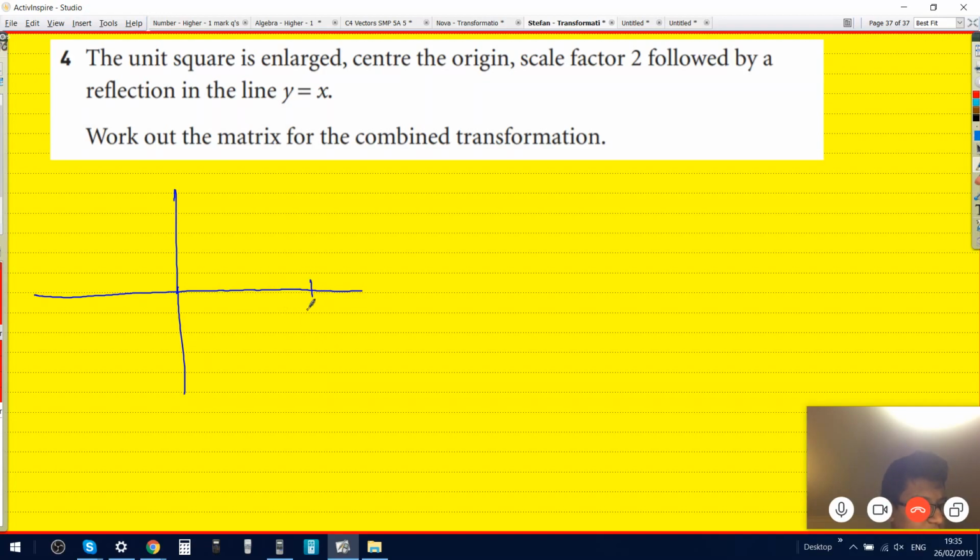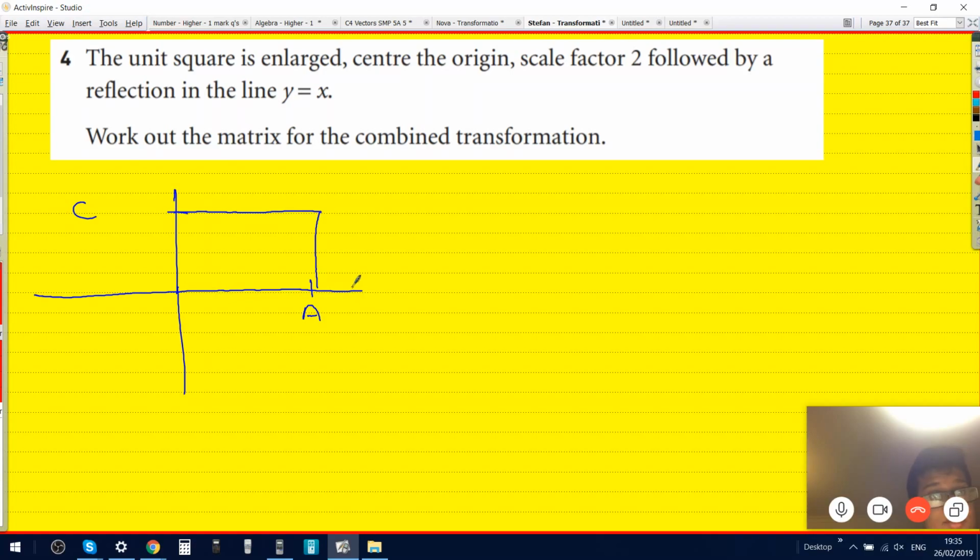So if you draw the unit square and then enlarge it by scale factor 2, the coordinates are in the same places, but they just move up by twice as many steps as before. And so where is A, where is C?